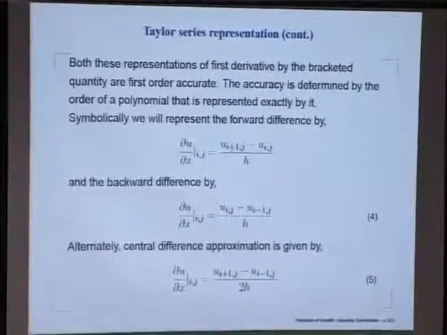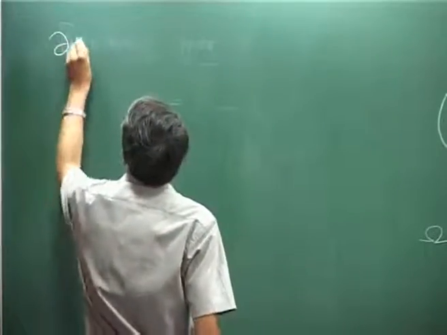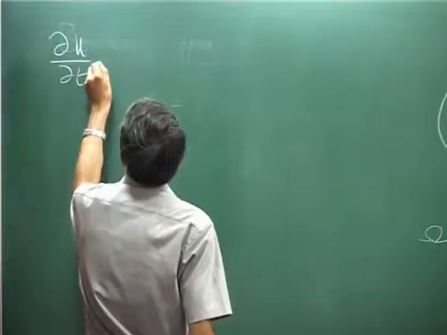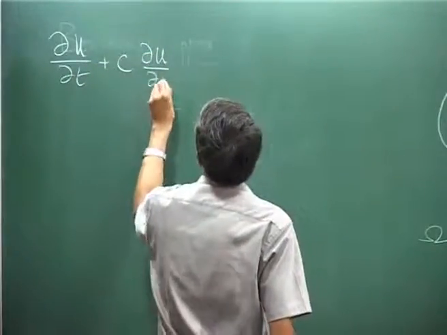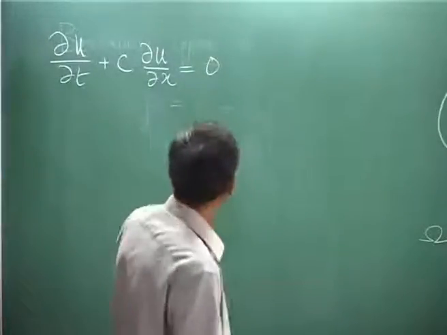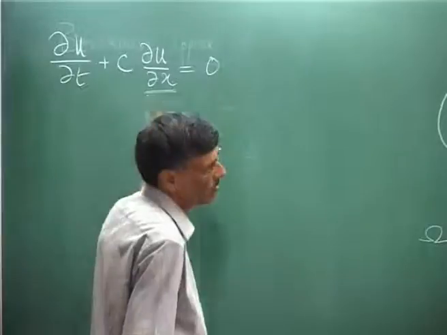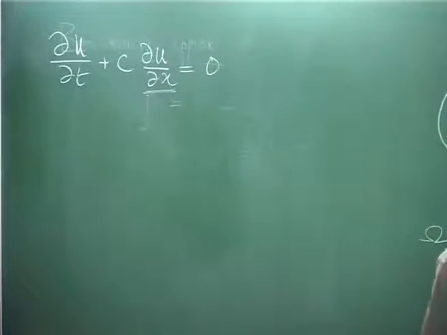Say, for example, let us go back to our simple equation, which we would adopt and keep using quite often. So, if I am trying to obtain this term del u del x, my question is which one should I use out of these three?